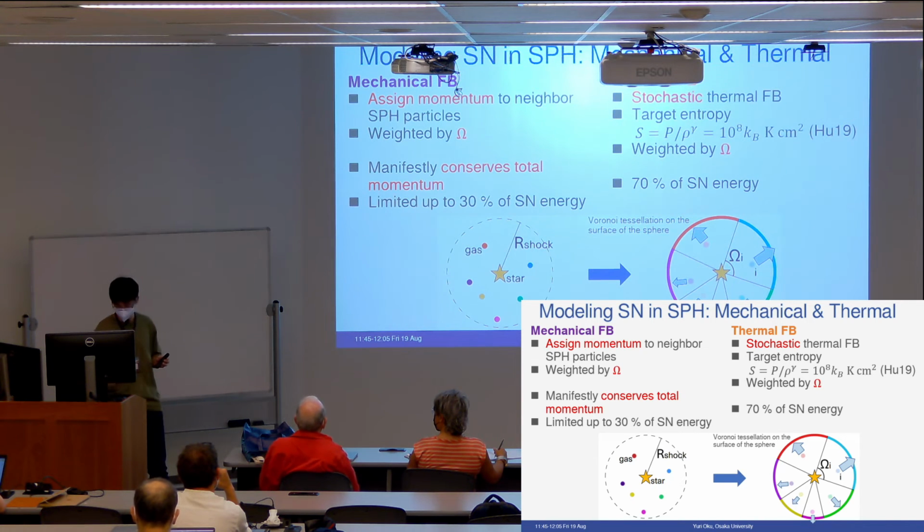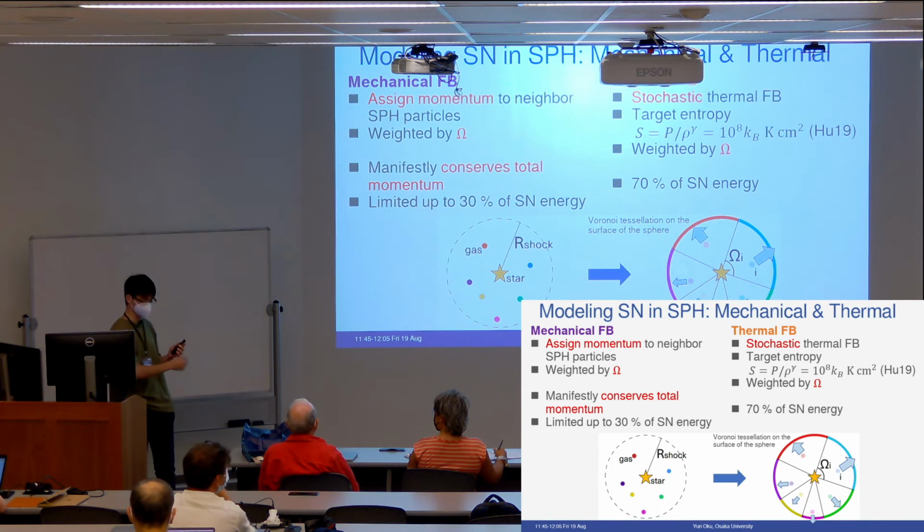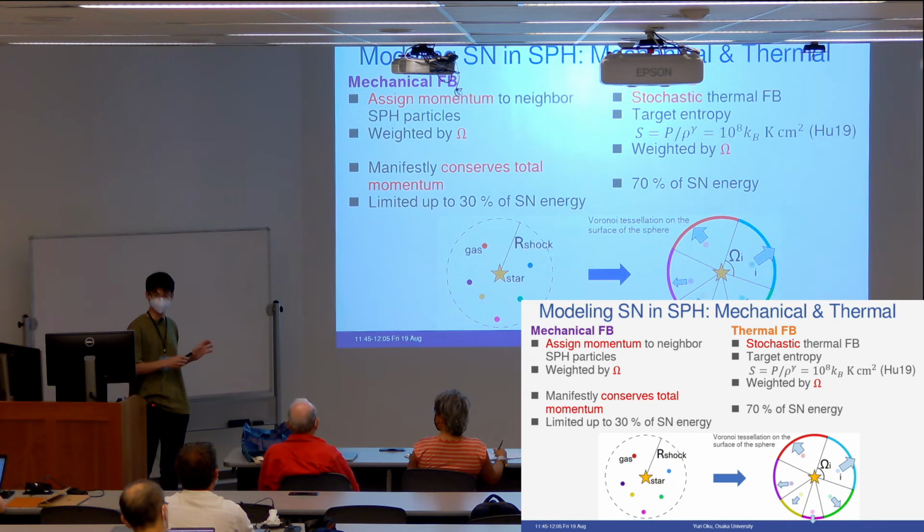Here we use a 3D grid code, Athena++, to include the mixing effect. And our result is consistent with the previous work by Kim and Ostriker. Does that answer your question?